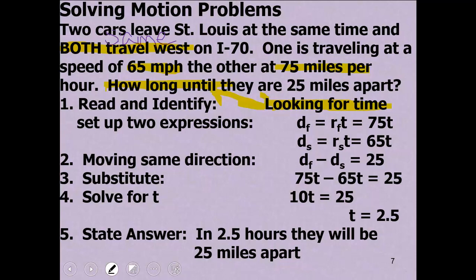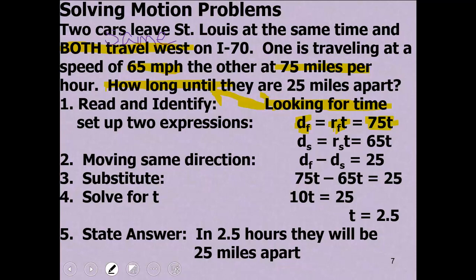Now set up the two expressions. Set up the distance of the fastest car as equal to its rate times the time. The time we don't know, but we know the fastest car is going 75 miles per hour, so the distance traveled by the fastest car is 75t.